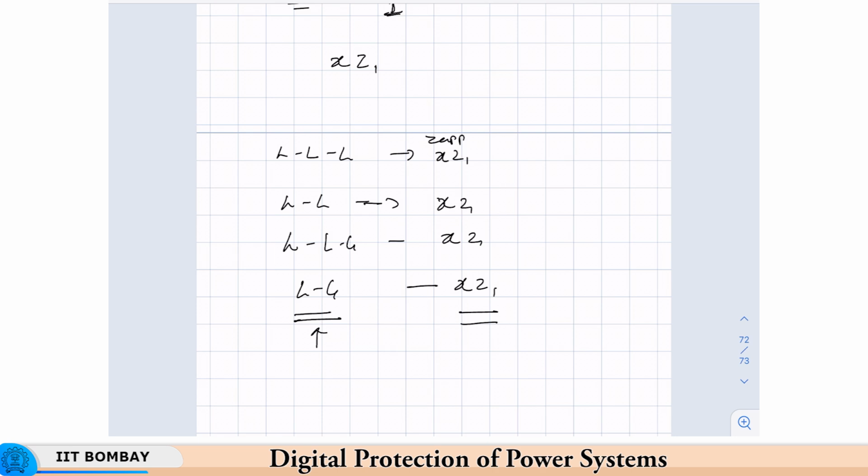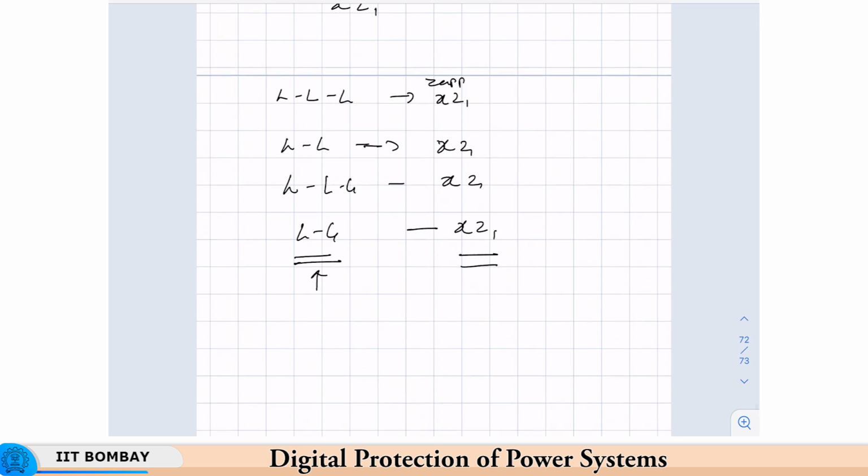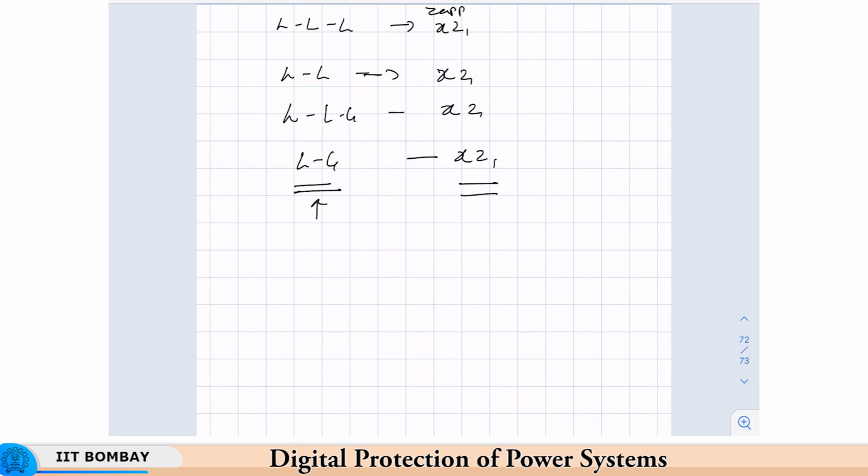Now this is a balanced fault, which means that if this is IA, IB and IC, then IB is equal to a squared IA and IC is equal to a IA, where a is equal to e raised to j 2 pi by 3, or 1 angle 120 degrees.